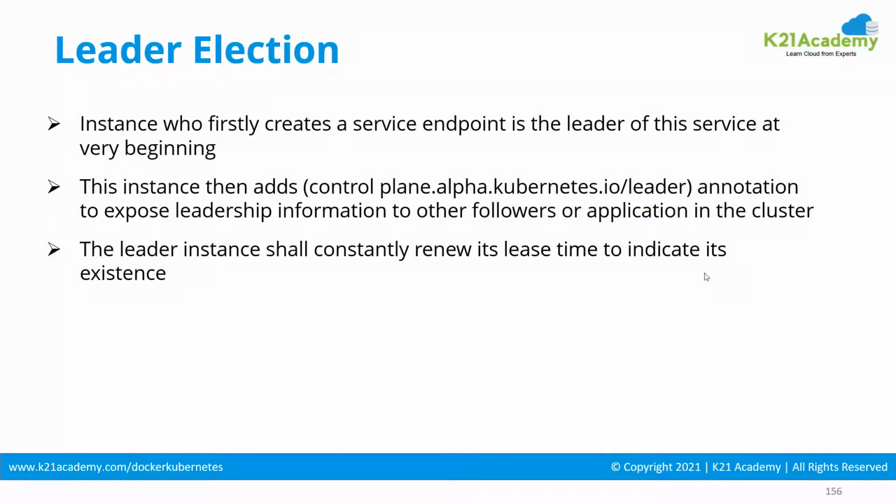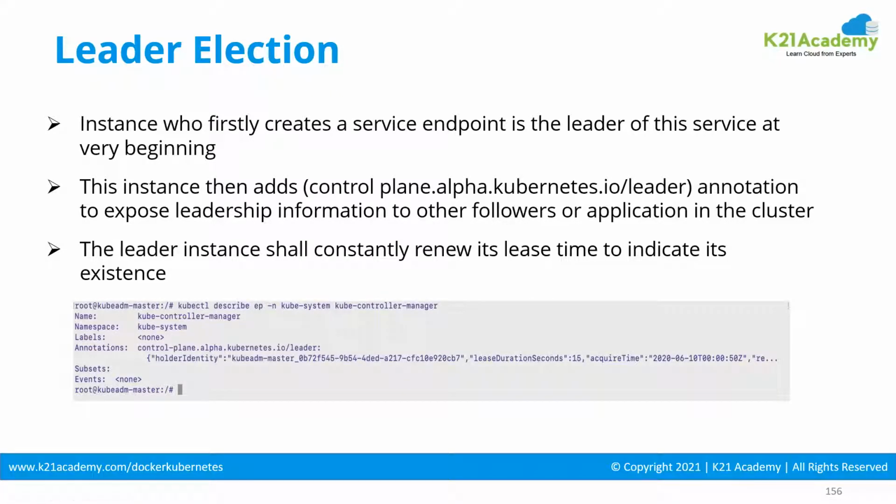Now, the leader instance constantly renews its lease time to indicate its existence, and this is done every 15 seconds. If you want to find out who is a leader and who is not, you can use this command: kubectl describe endpoints for the kube-controller-manager.